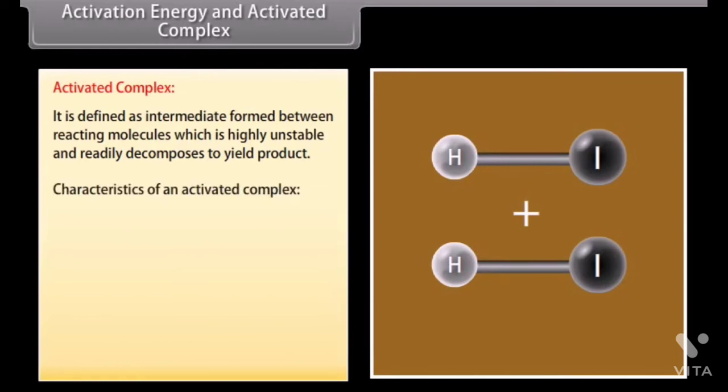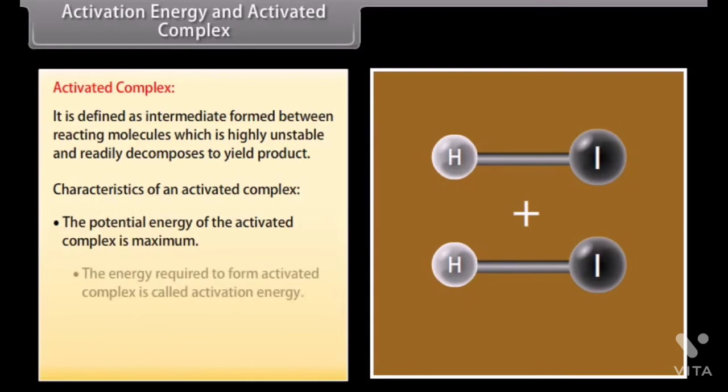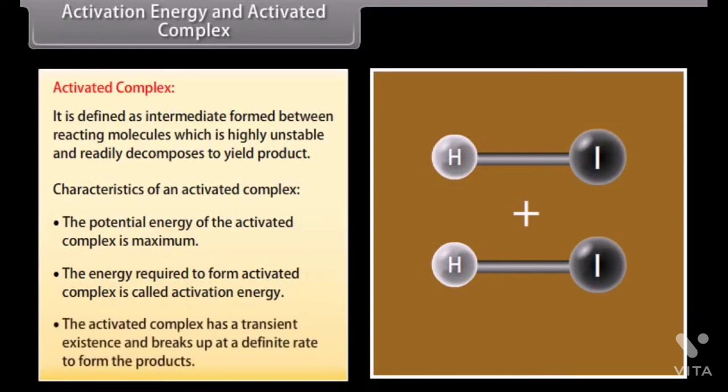Characteristics of an activated complex: the potential energy of the activated complex is maximum. The energy required to form the activated complex is called activation energy. The activated complex has a transient existence and breaks up at a definite rate to form the products.